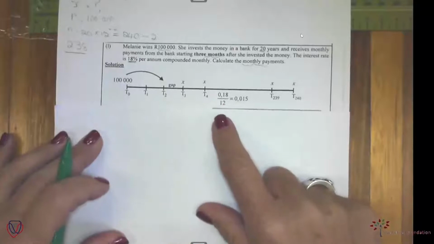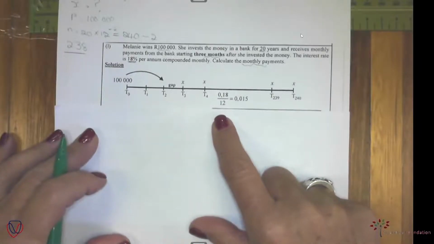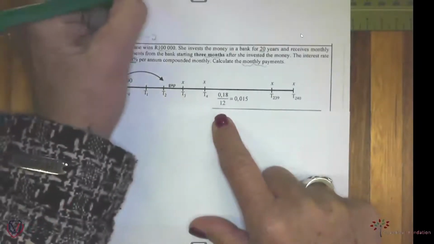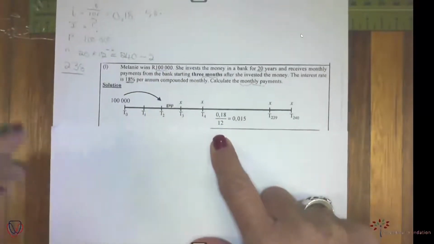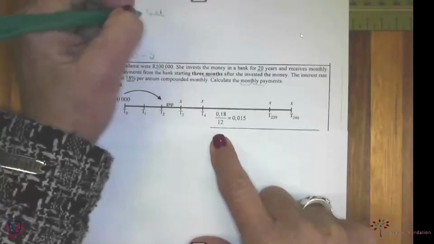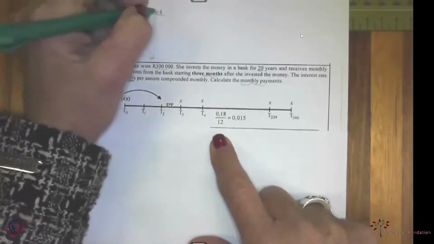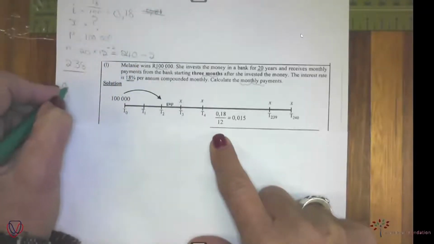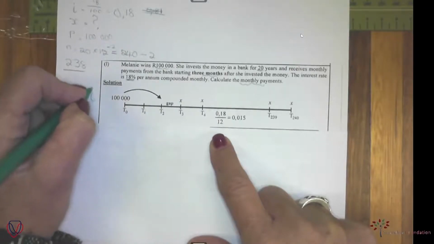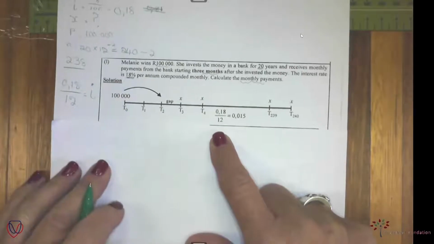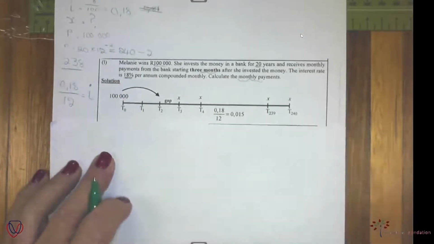So what's going to become of this interest rate? It's going to be 0.18 divided by 12 because it is monthly. Have you got it? What did we do with our time?